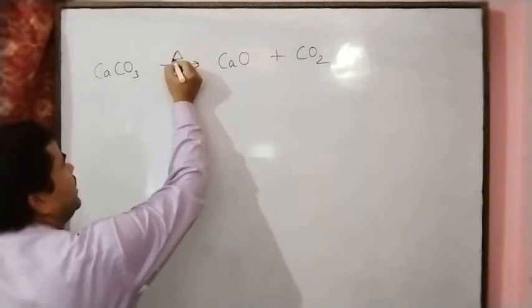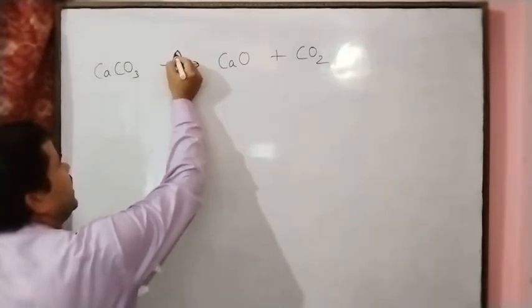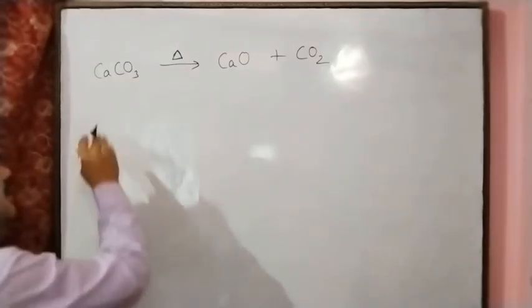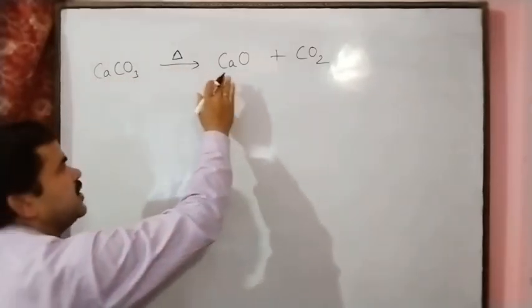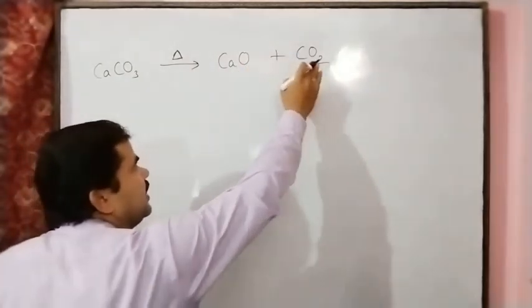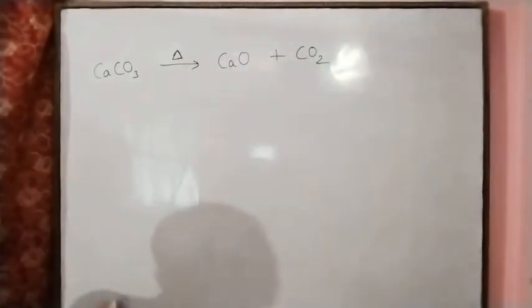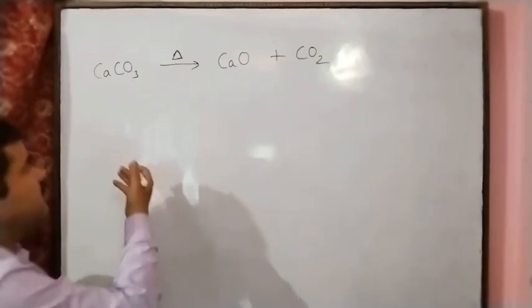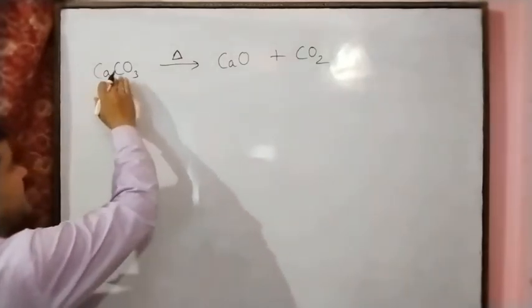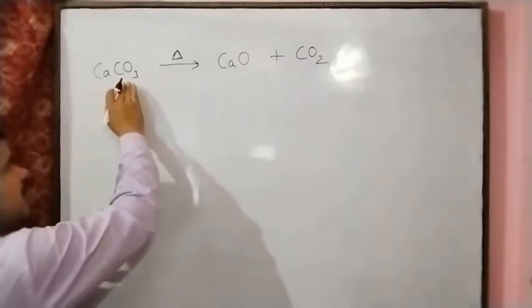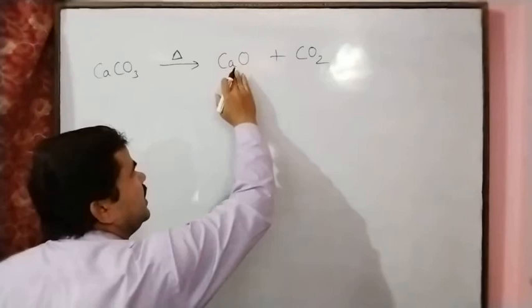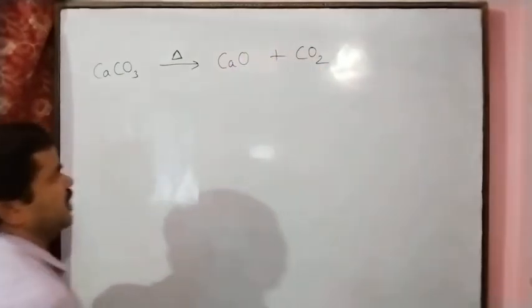In this chemical reaction, heat energy is required, which means by absorption of heat energy, calcium carbonate decomposes into calcium oxide and carbon dioxide. If we provide heat energy to the reactant calcium carbonate, it decomposes into two simpler substances.